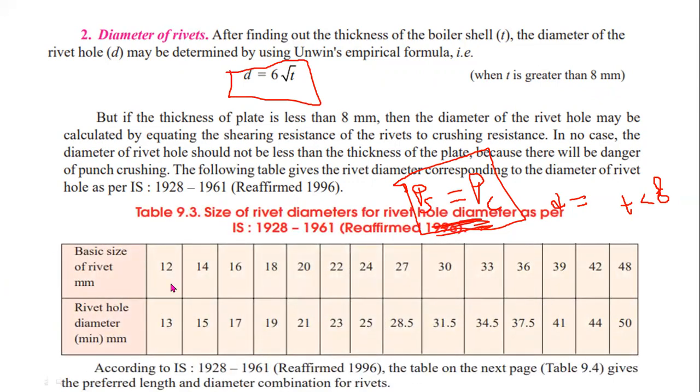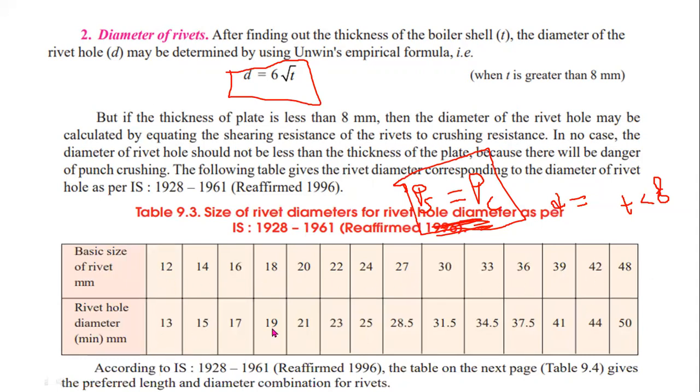These are the standard rivet diameters, and the rivet hole diameters. Here 12 mm is the basic size. These are the basic sizes of rivets.